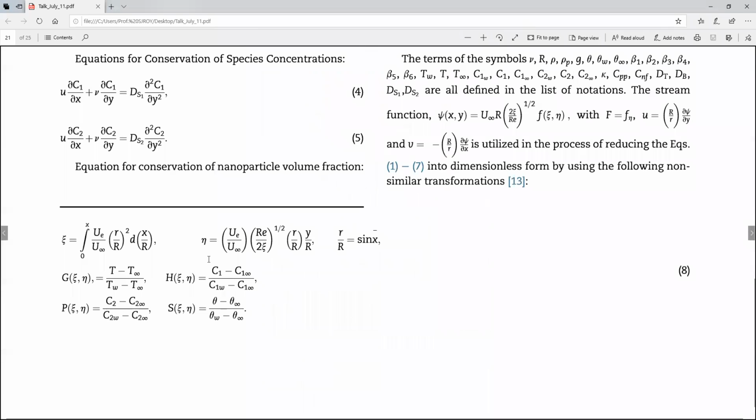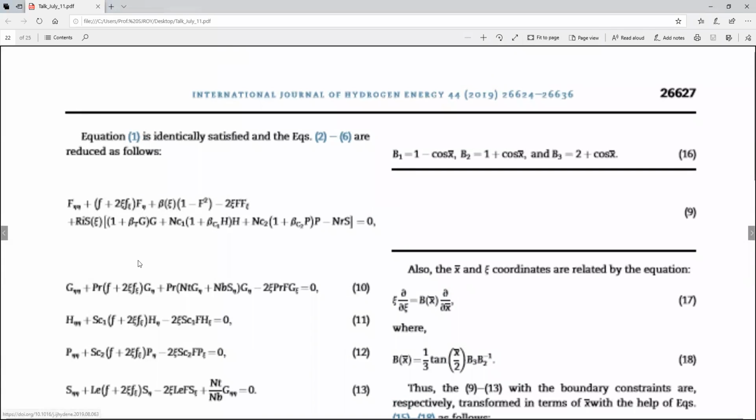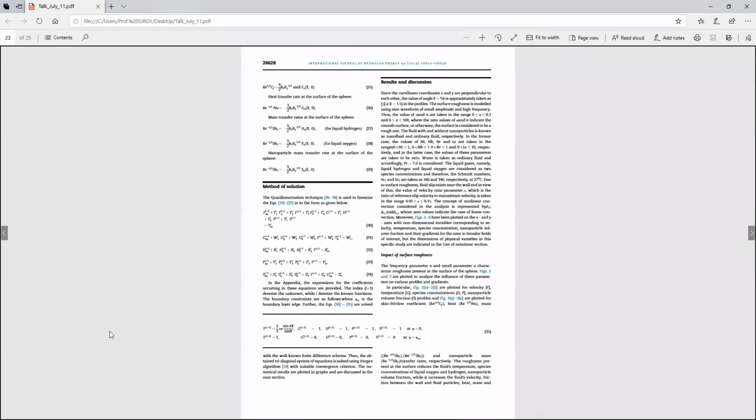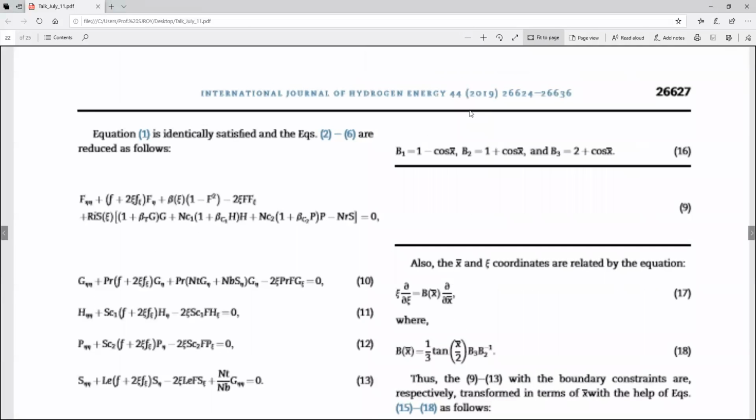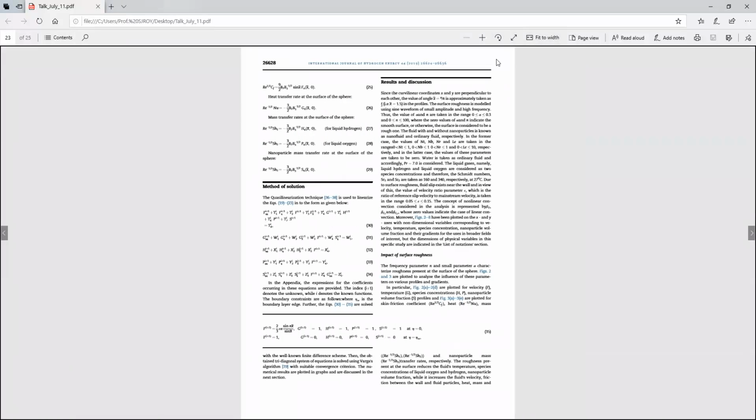Okay. After all transformation, what did you get? You got this. These are PDEs. How many PDEs are there? 5 PDEs are there. 5 PDEs, you see?